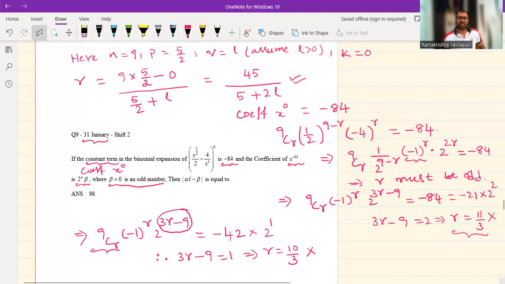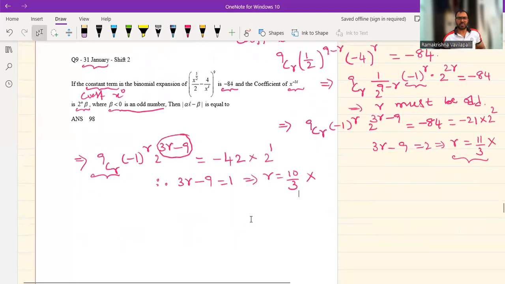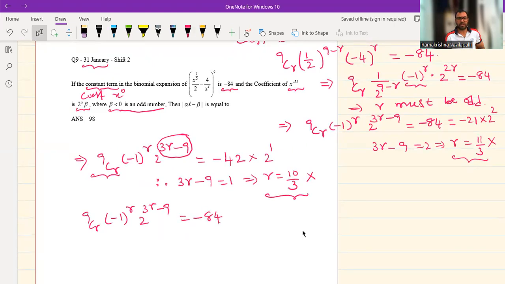Now there is another chance. So 9CR into (minus 1) whole power, 2 to the power of 3R minus 9, equal to, you have to take that, minus 84 into 2 to the power of 0. So therefore, 3R minus 9 equal to 0 implies R equal to 3. And we have to check that L must exist.